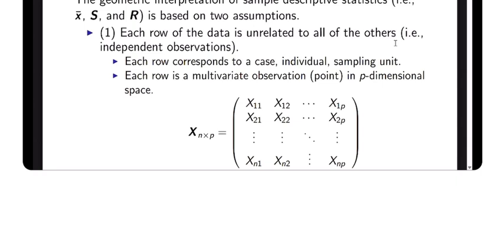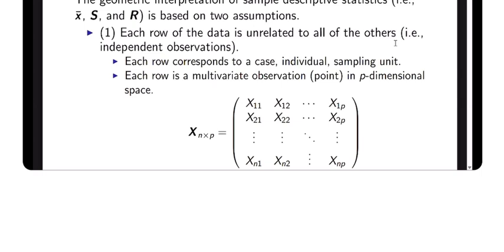The sample geometry is viewing every observation as a vector in a p-dimensional space. When you have an observation, let's say observation number one, this person, it's going to be viewed as a vector in a p-dimensional space, because that particular observation is collected across so many variables.